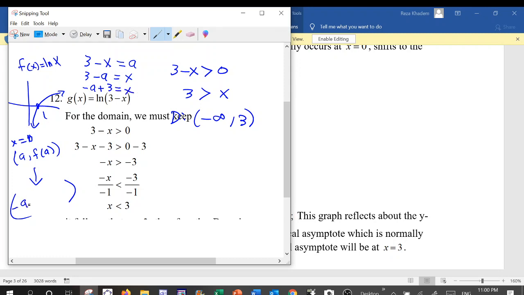And the y doesn't change, because these are only horizontal transformations. So where does x equal to 0 go? Negative 0 plus 3. So it goes to x equals 3. That's the vertical asymptote, and the domain is this right there. Okay.